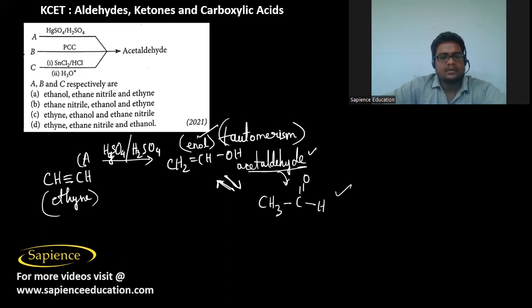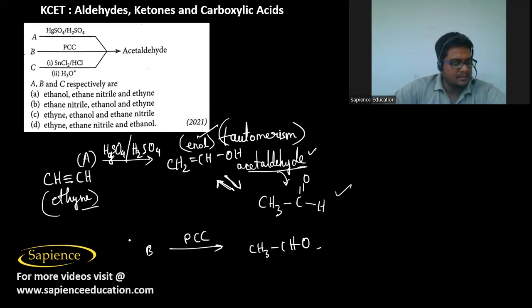Then the compound A is ethyne, and the compound B is reacting with PCC to give acetaldehyde CH3CHO. Now it means the compound B should be a primary alcohol, so it is CH3CH2OH. Here the alcohol is oxidized by PCC into CH3CHO.